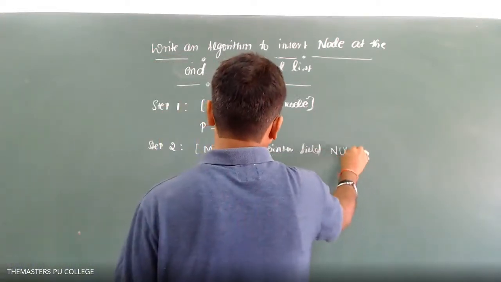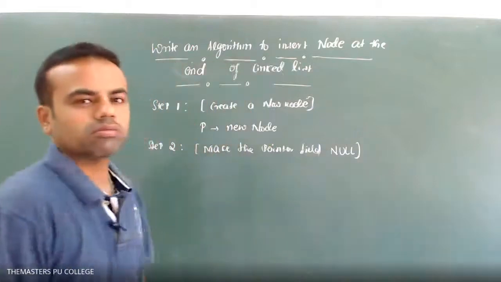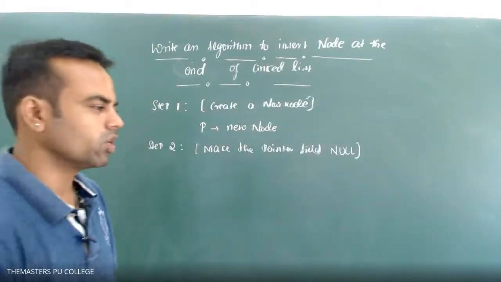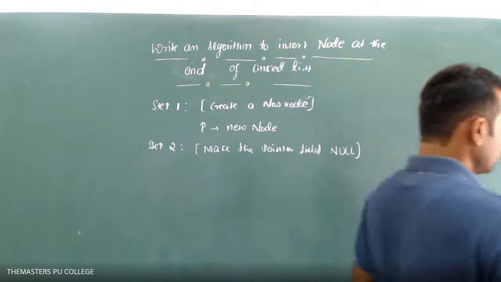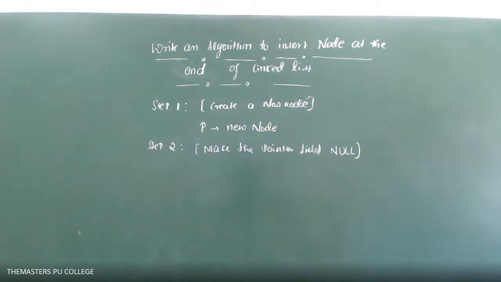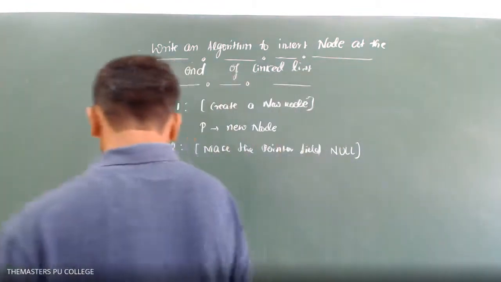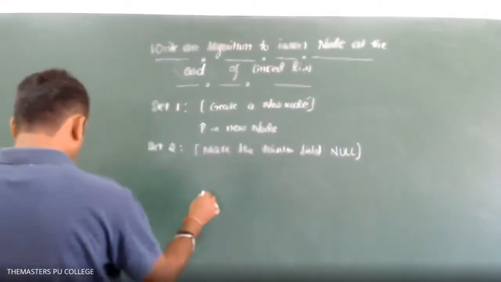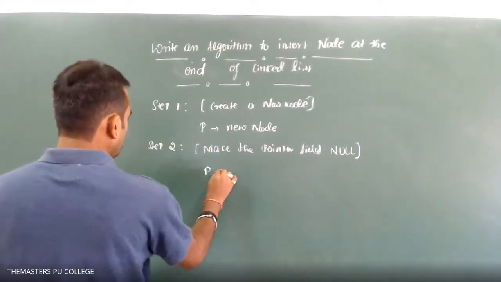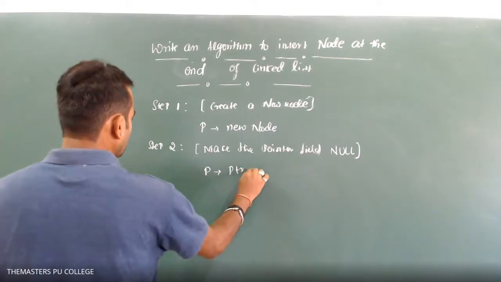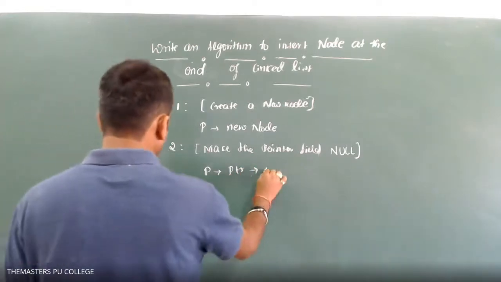What do you mean by null? Zero. It should be filled with zero. P of PTR should be stored with null.